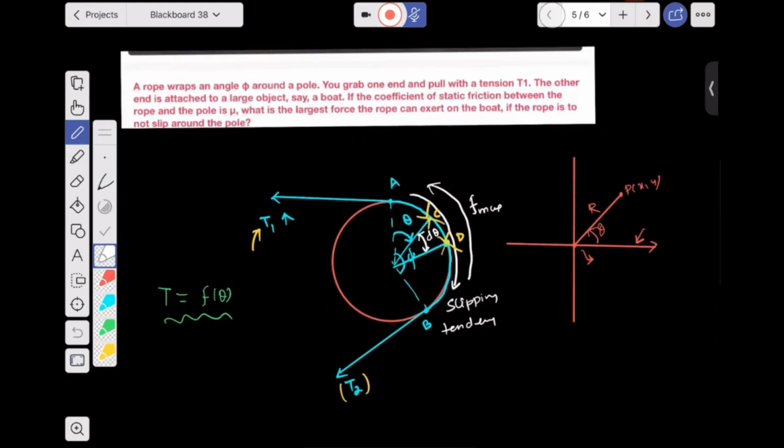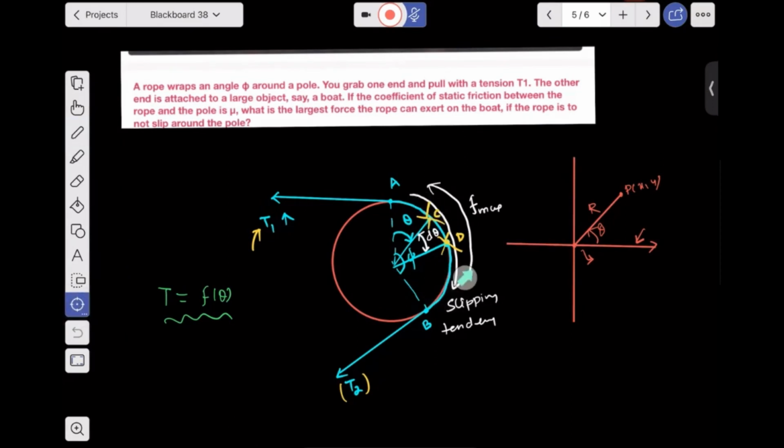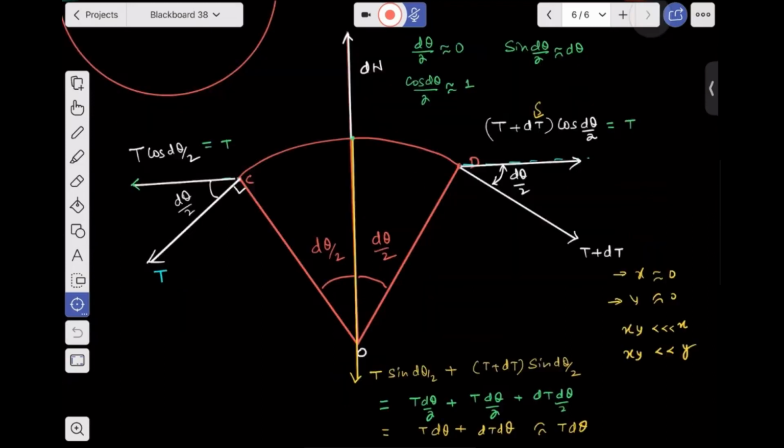Now what we did earlier was we considered slipping happening in the clockwise sense, so whatever friction force comes will act in the anti-clockwise sense. The CD element is so small, dθ is so small, that CD is atom-thickness small, and something that small is not curved, it is basically a straight thing.